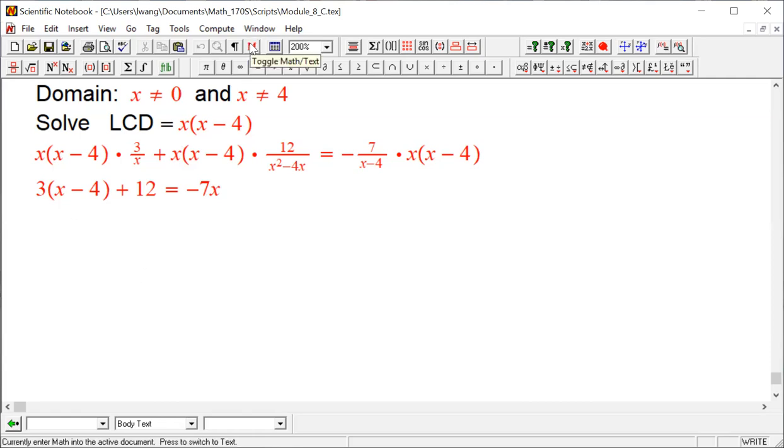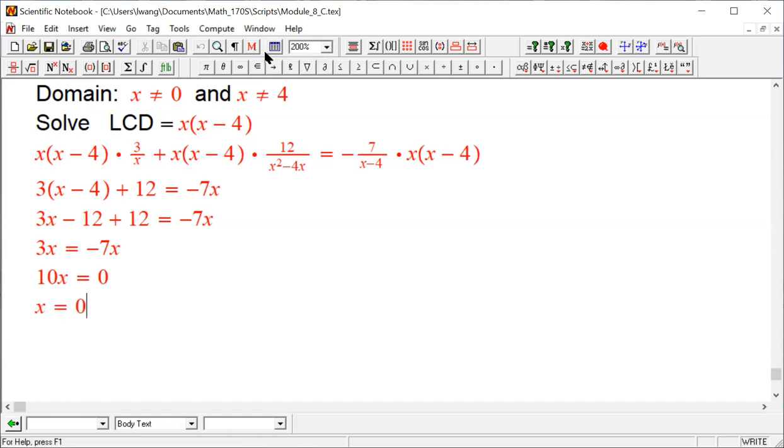Now we're going to open up the parentheses: 3x minus 12 plus 12 equals negative 7x. Negative 12 plus 12 makes 0, and 3x equals negative 7x. I'm going to bring all the x's together, so we get 10x equals 0, and x equals 0 by dividing both sides by 10. Now, when we do the domain check, x equals 0 is not allowed in the domain.